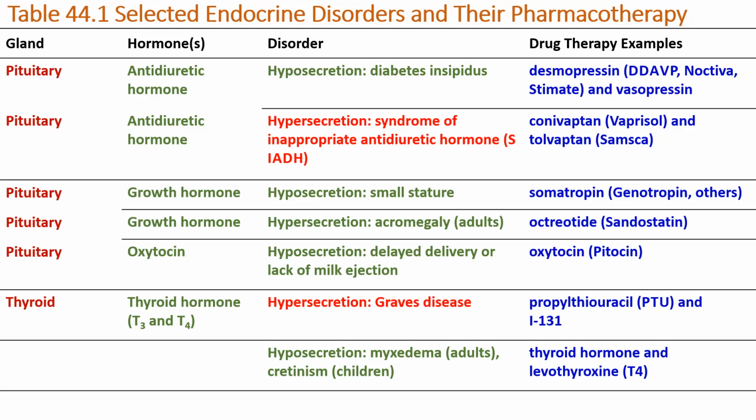It's just with the aging process that the thyroid hormone becomes less effective, producing less than what we need of T3 and T4. So decreased production of T3 and T4 due to the aging process will result in hypothyroidism, and patients will be treated with thyroid hormone.